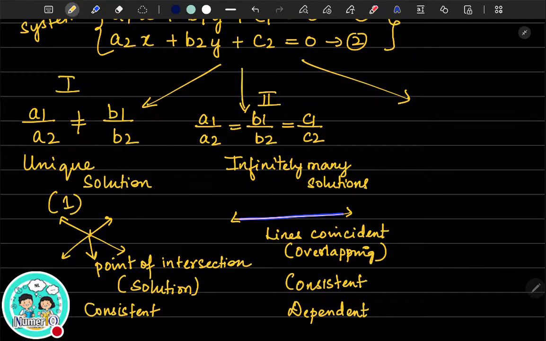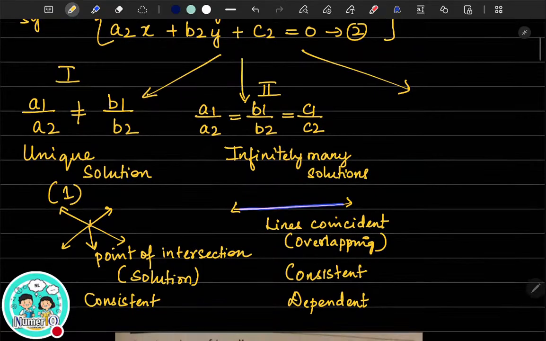You should also remember these points. When we are solving the questions, this important information will help you. The third scenario is, suppose your a1 by a2 is equal to b1 by b2, but that is not equal to c1 by c2. In that case, it has no solution.